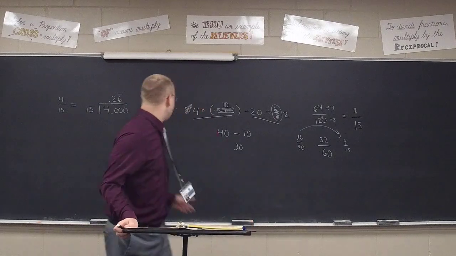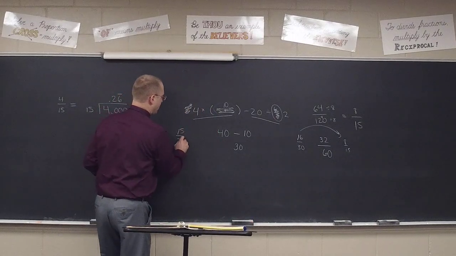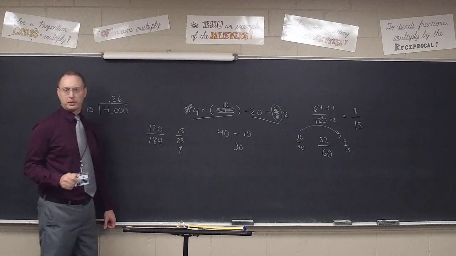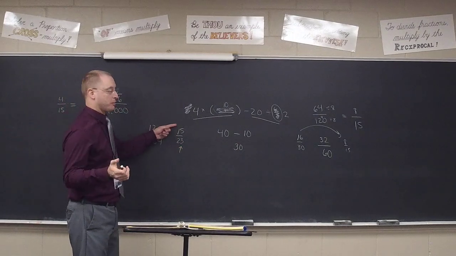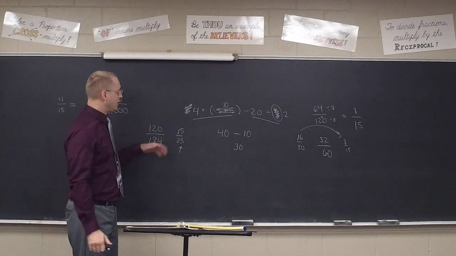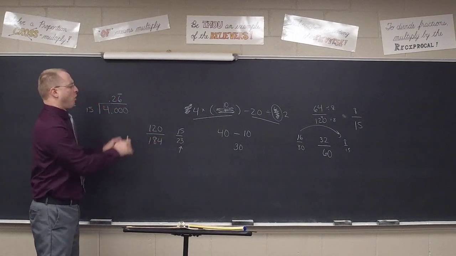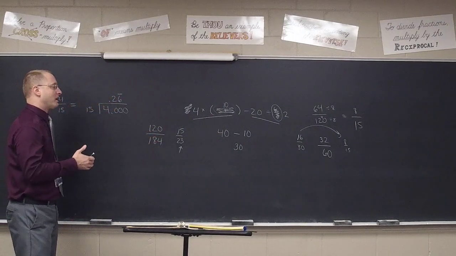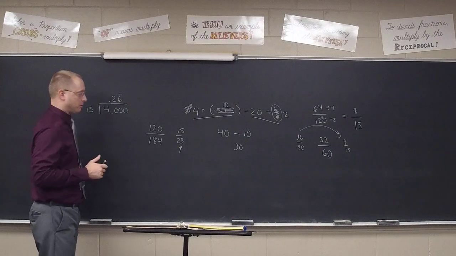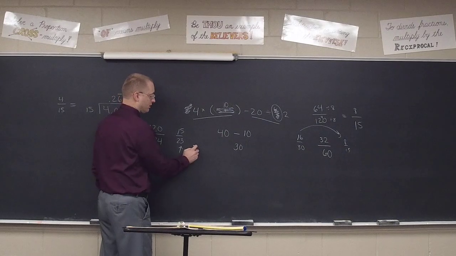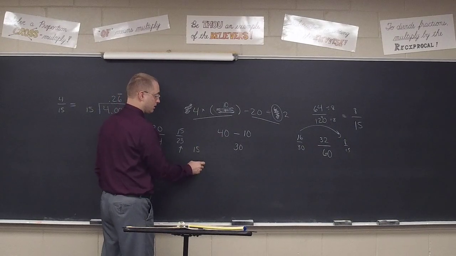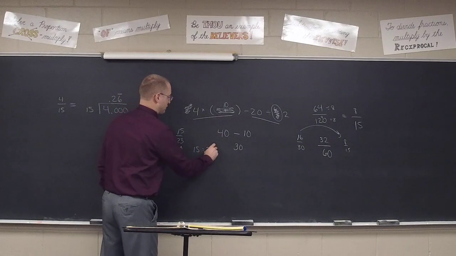Great job. By the way, in this ratio 15 to 23, class, what do we call the 23? The consequent, because it's the second one. The first term, class, is called the antecedent. We usually want to write them with the fraction look, but what's another way we could write 15 to 23, Corey? 15 colon 23.